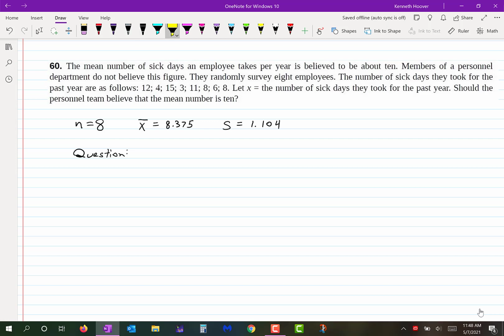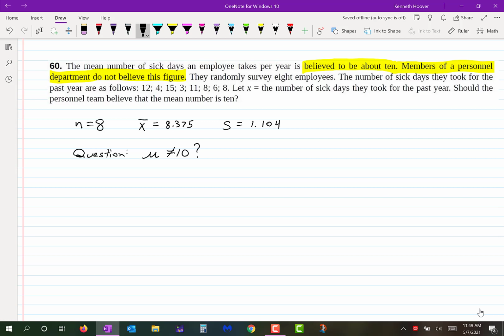So look at what it says here. The mean, mu, is believed to be 10, but members of a personnel department do not believe this. So the question that we're being asked is, is mu not 10? That's the question we're asking.